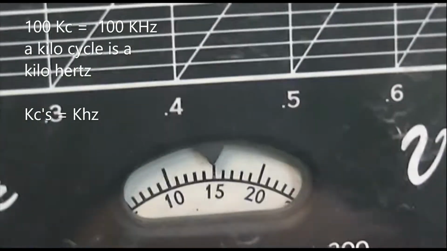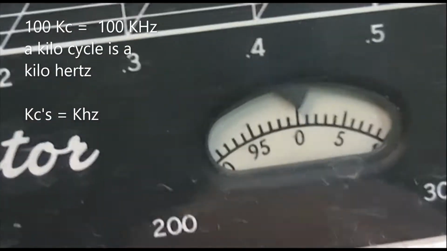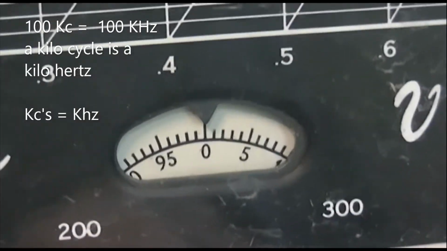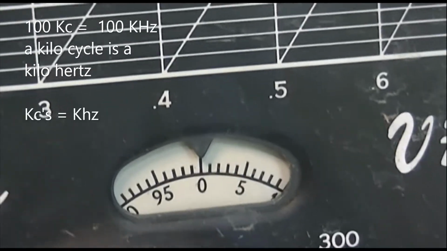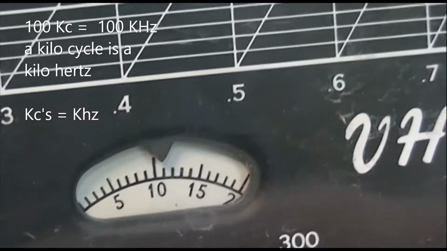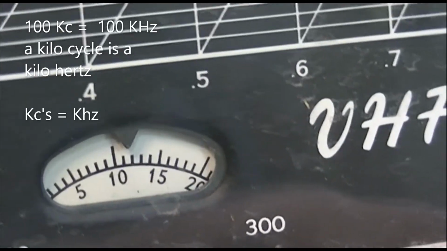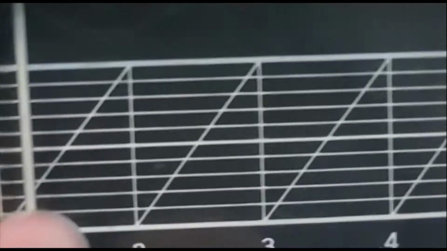Now, we've got a logging scale on here. And this logging scale is approximately 2 kcs per division. So we'll put it on 51 and we'll find the logging scale is on 0. So let's go to 12 and a half. That's half of 25, or 2 kcs per division. Should be about it. Look at the pointer here.